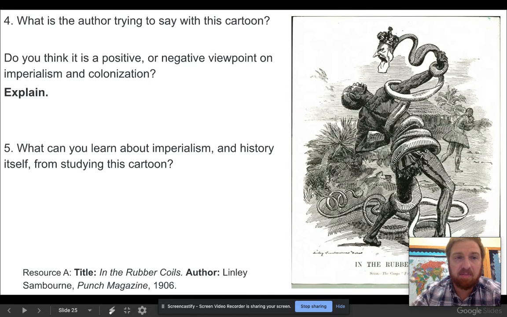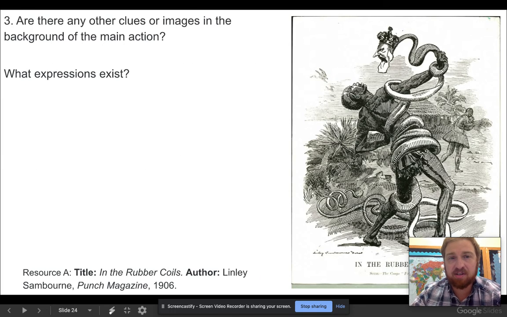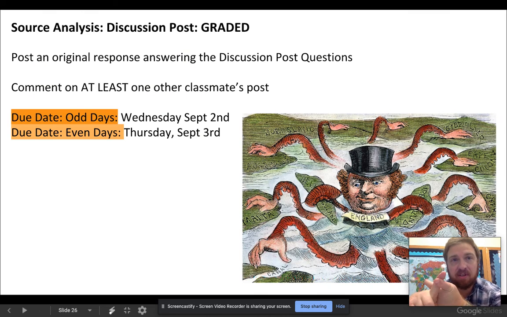Then after that, the graded portion is we're going to do our discussion post now that we've done a practice on source analysis and we've defined imperialism, we have its motivations, and we've done source analysis practice of both written and visual information. Now you're going to do a graded one in a discussion post.